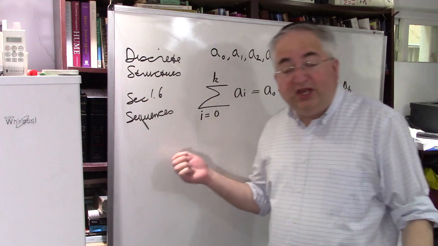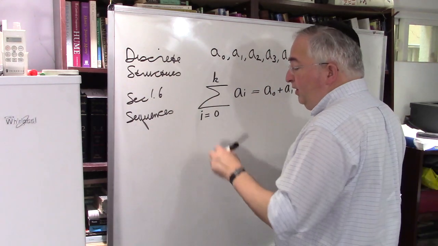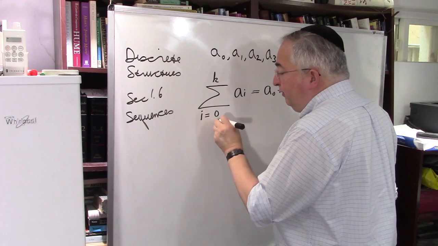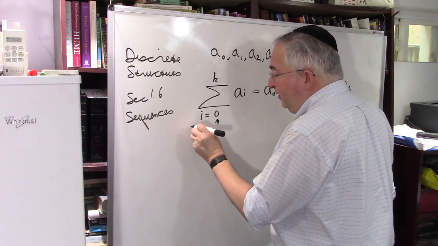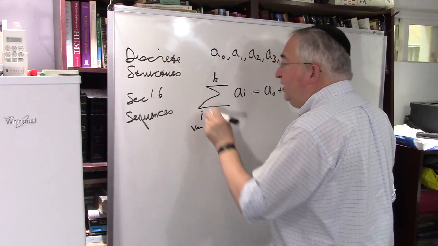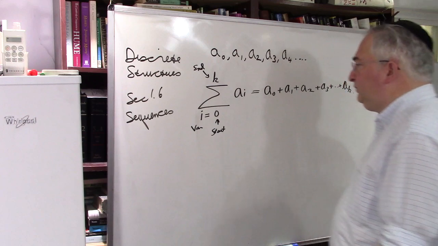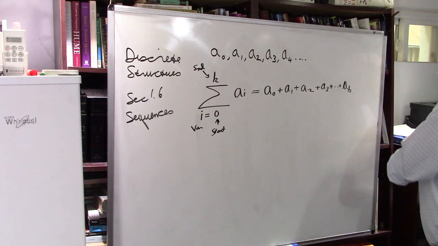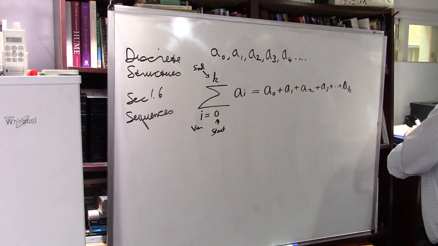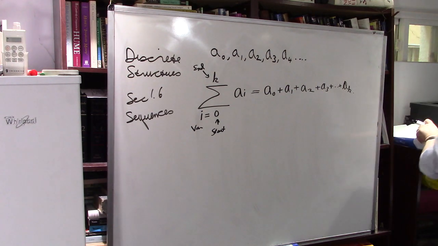Now you can think of this, you're programmers, you can think of this as a loop. You start off here, so this is the variable. This is the start value, this is the ending value. Okay, so it's a little loop. Okay, great. We're halfway done.